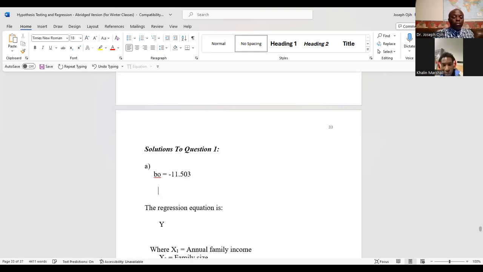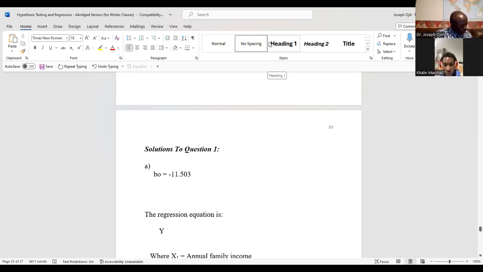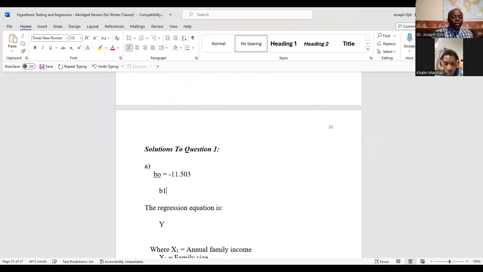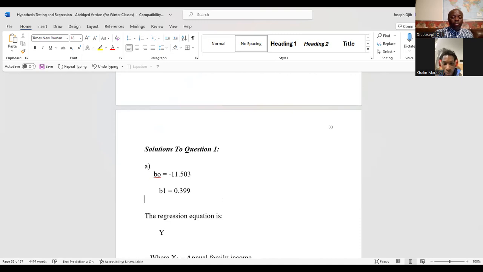B1 equals 0.399, and then B2 equals 4.526.